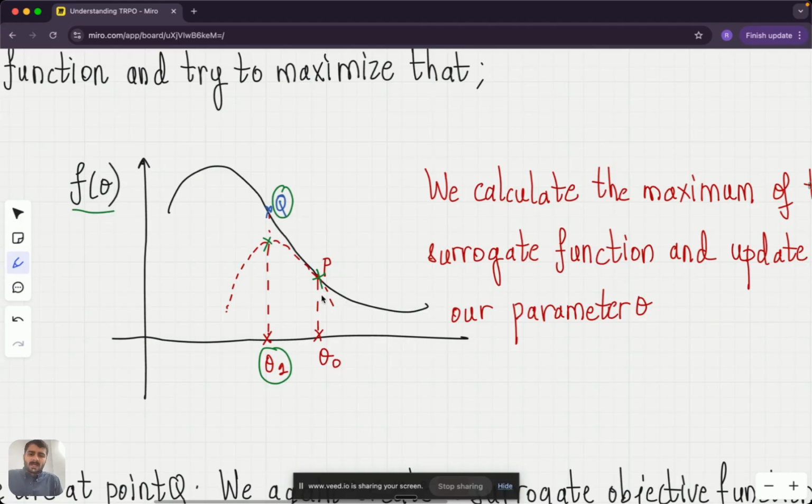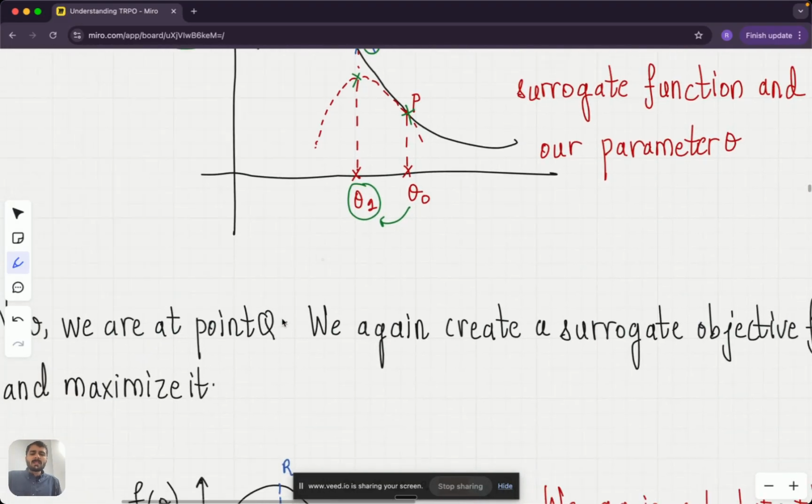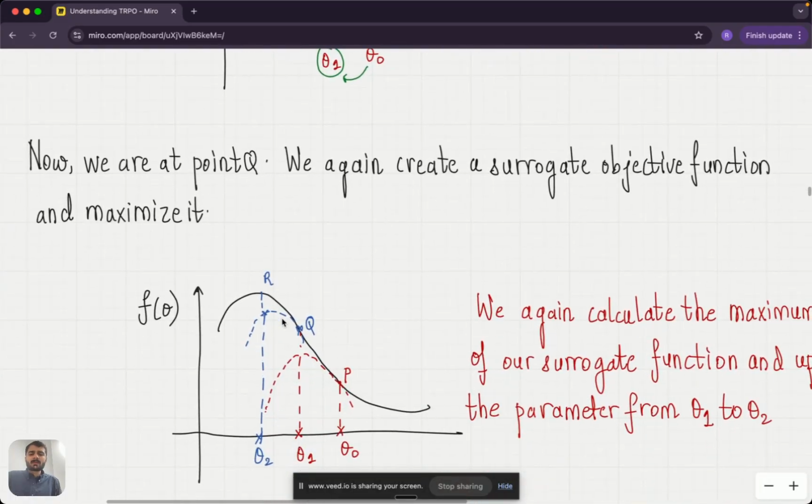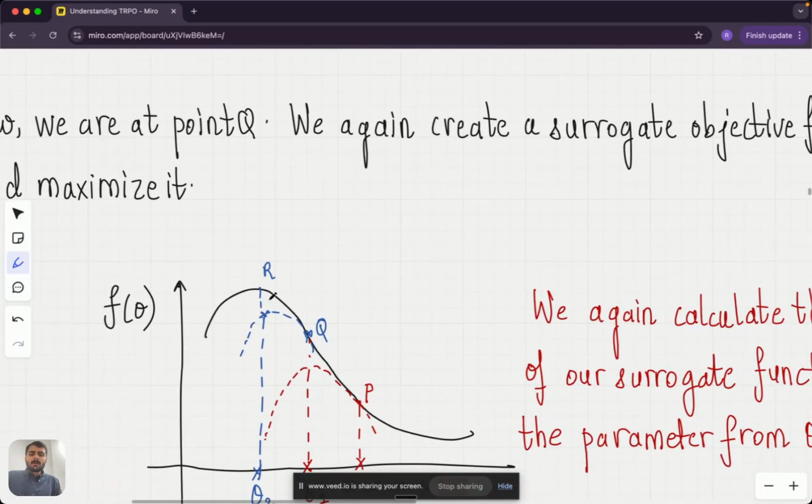So you can see that without even knowing f of theta, I am moving towards a parameter which has an improved value for f of theta. Similarly, we do the same thing for the next point. For the next point, we again construct this approximate function, given by this blue curve, which is always less than the black curve, always touching the black curve at one point.